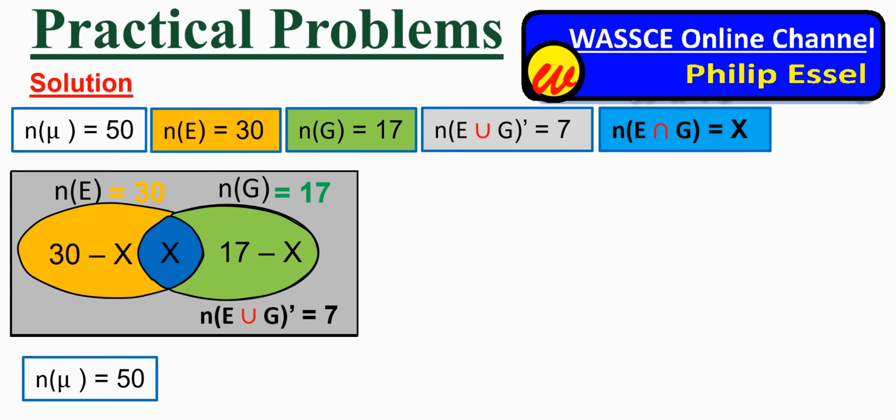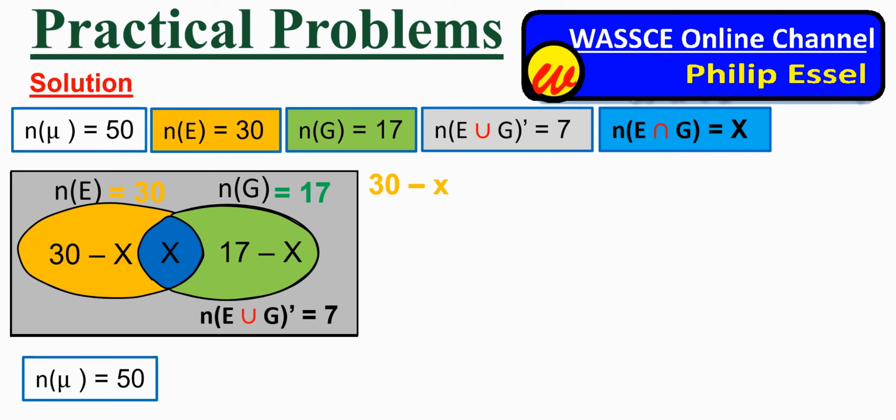So that's what we're going to look at next. We have the first group in the class, the yellow group, which is 30 minus x. This group represents the number of students who studied or read only economics. So let's write that down.